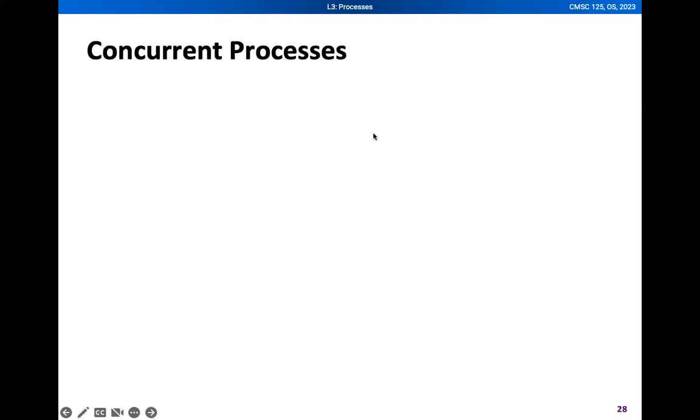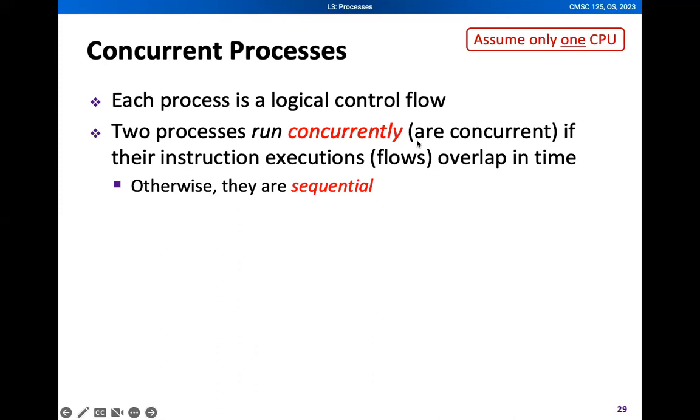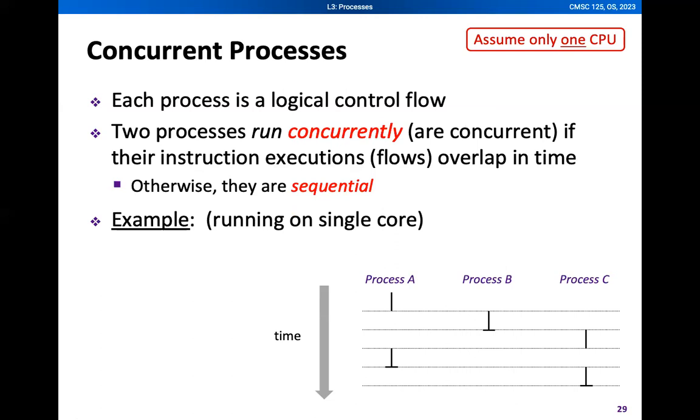So that's actually correct. Assuming we have only one CPU, each process, as we mentioned earlier, is a logical control flow. Two processes are concurrent if their instruction executions overlap in time, or as Rene said, they are running side by side.